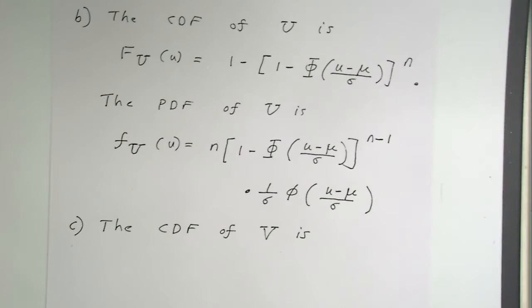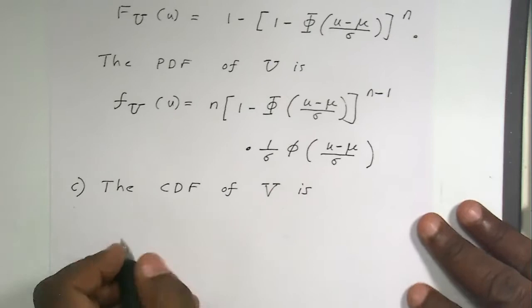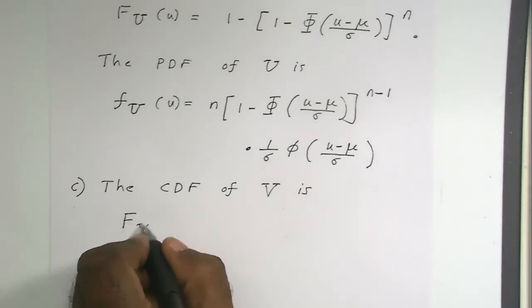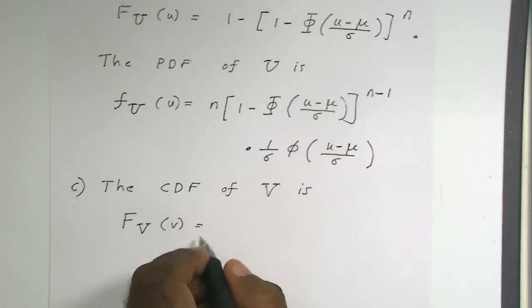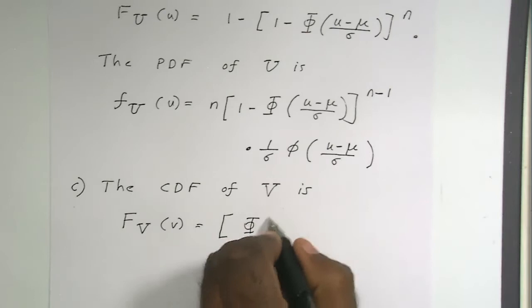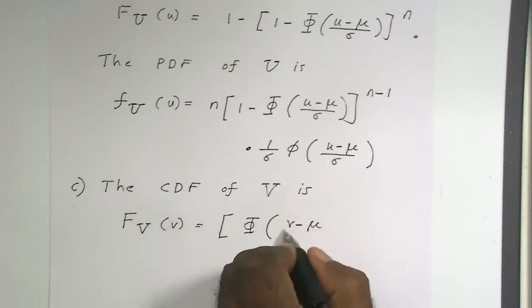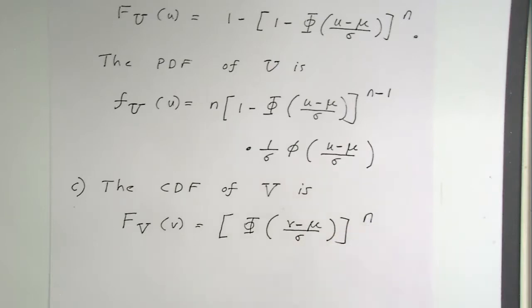I'm going to use this one to find the CDF of V. If you use this formula, you get capital phi of (v minus mu) divided by sigma, everything to the power n, right, using this formula here.